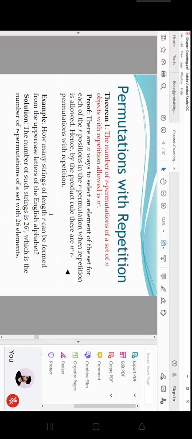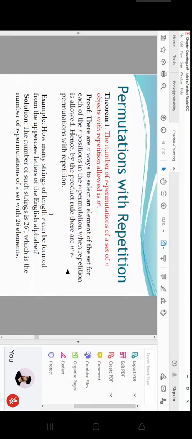Now look at it carefully. For permutation with repetition, if we have to select or count elements in an ordered manner, absolutely in an ordered manner, now you are identifying ordered where repetition is allowed. So how many ways can I order the elements initially? For the first element out of n, how many ways can I order?